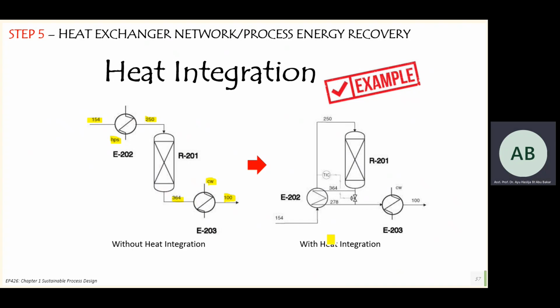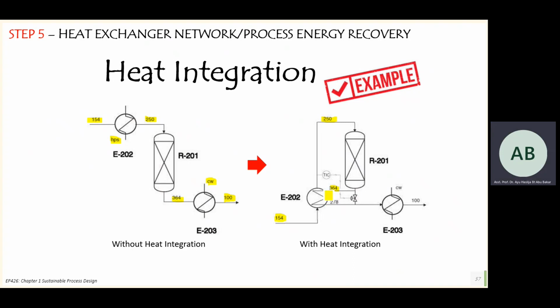Then we do the heat integration, where the output of the reactor, the output temperature is already high, 364. So we direct this stream into the heat exchanger network, where this heat will heat up the input stream to 250. And this output stream will be cooled down at the same time.